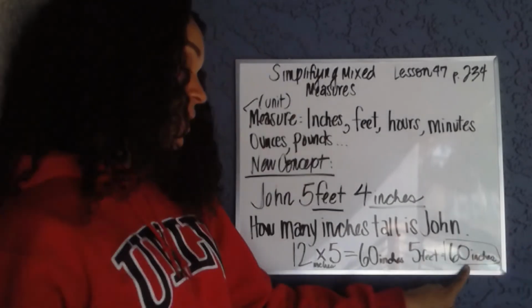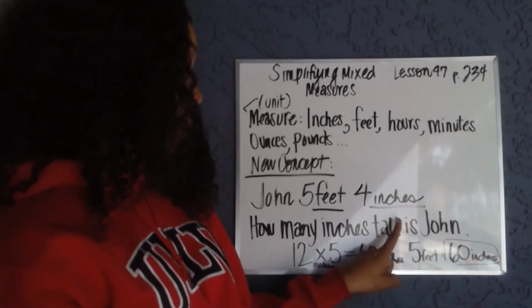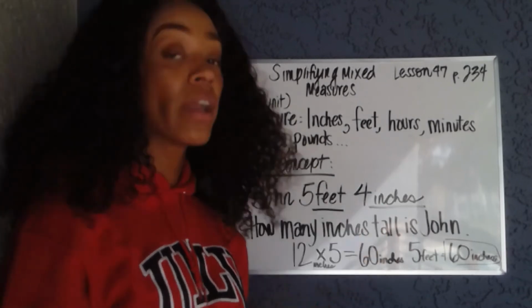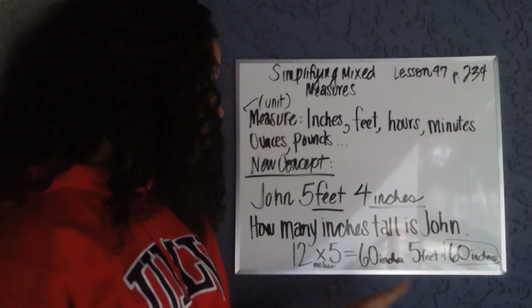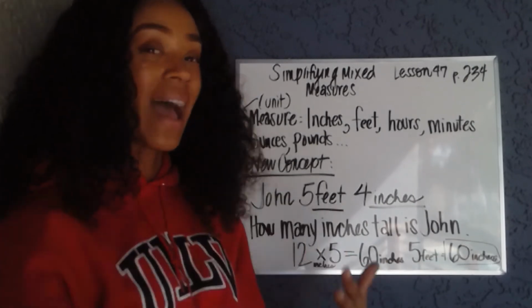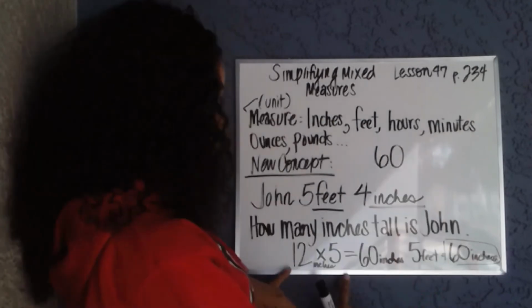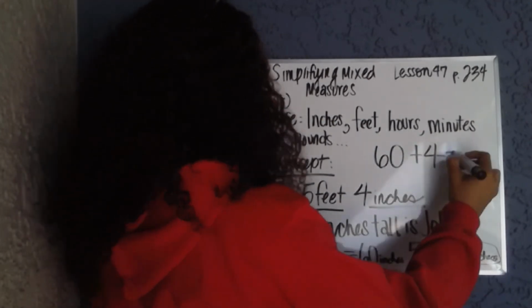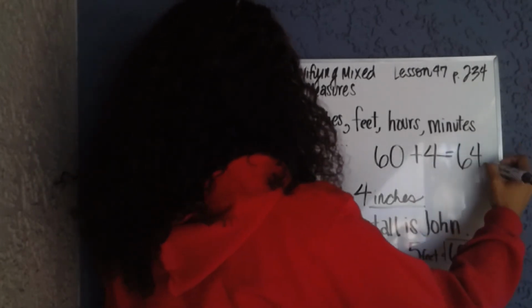Okay, well, I see that I've got my 60 inches here, but remember, John was over 5 feet, 4 inches over to be exact. So we need to add our 60 and our 4 together to get John's total height in inches. So if I take my 60 inches that I converted down here and I add it to my 4 inches, I know that John is a total of 64 inches.